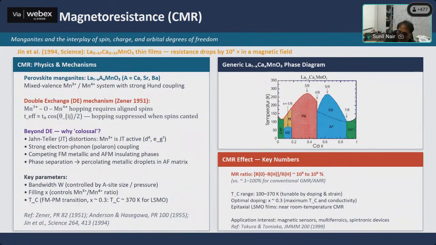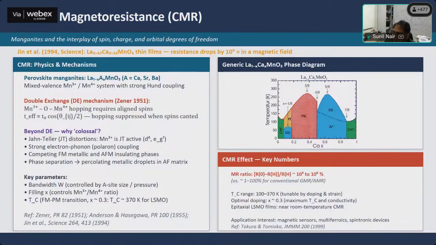Now, once that was done, in the early 90s people encountered the manganites, where you could have an MR value of up to 10^5, 10^6, and so on. And since you had already used the term giant in the context of giant magnetoresistance, these materials were now called colossal magnetoresistance materials.